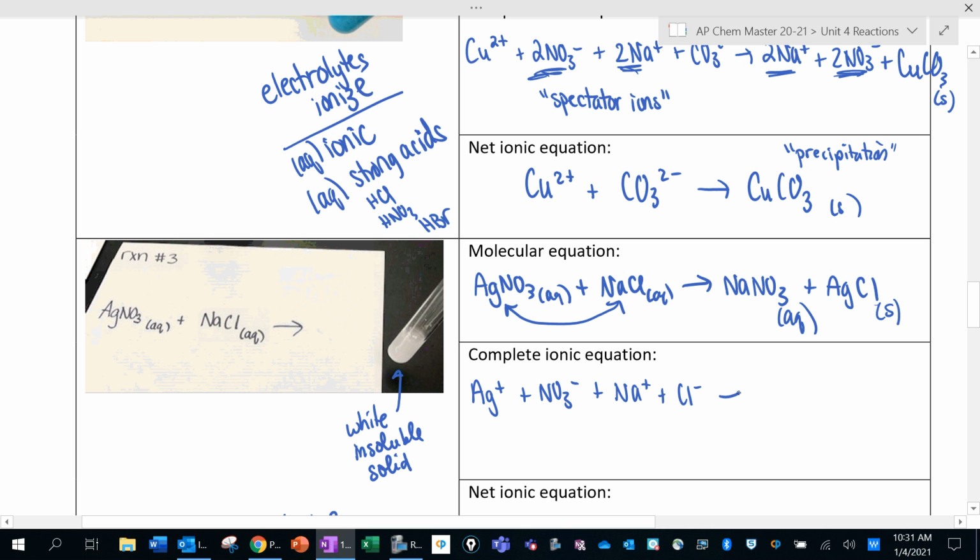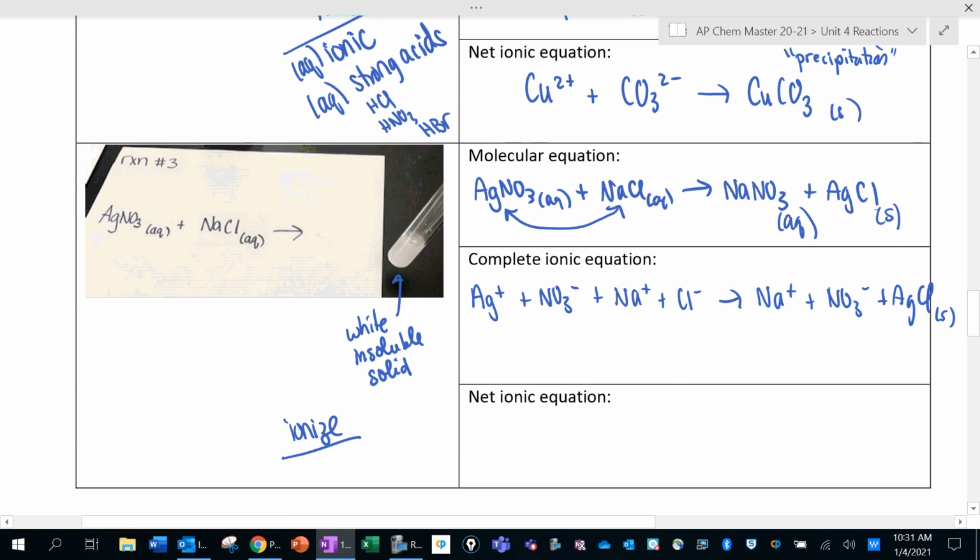Same thing with my sodium chloride. Same thing with my sodium nitrate. But my silver chloride is a solid, so those ions have all stuck together. Okay, and then look for spectators. So nitrate's a spectator, sodium's a spectator. So we eliminate spectators to get your net ionic equation, which is this right here.